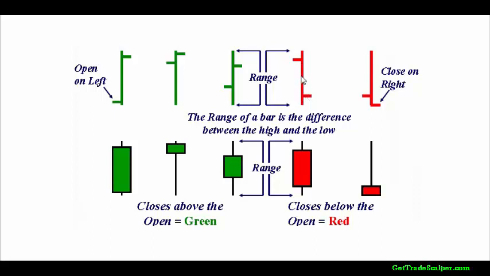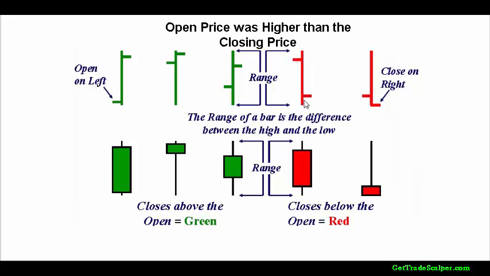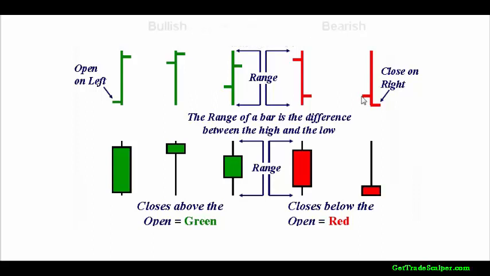So it's painted red because the open was higher than the close. That would be looked upon as a bearish condition as opposed to a bullish condition here. You have the open here, the high here, the low here, and the close right on the low. So that's once again bearish.